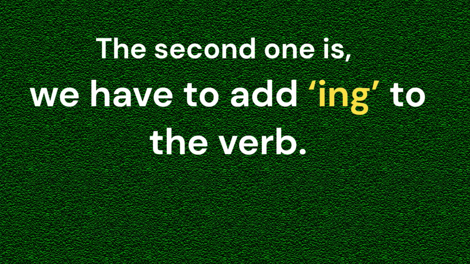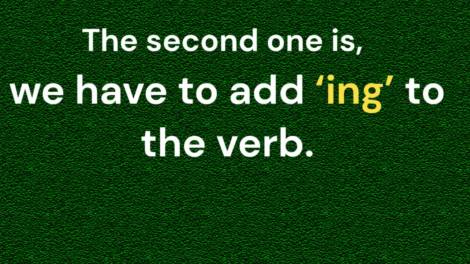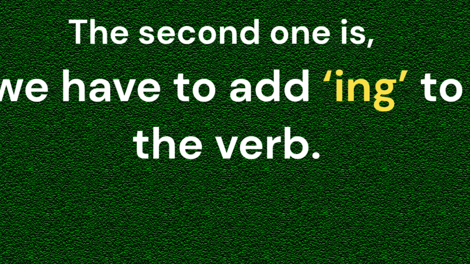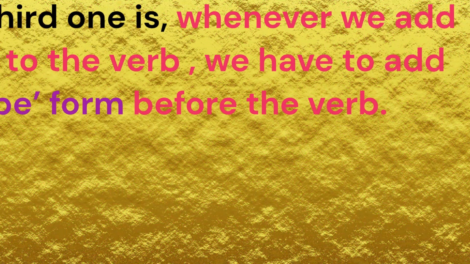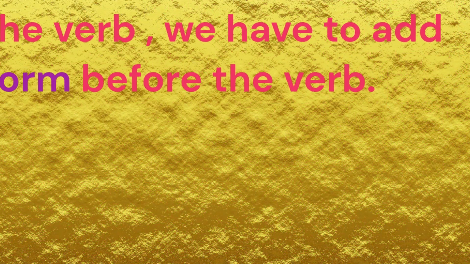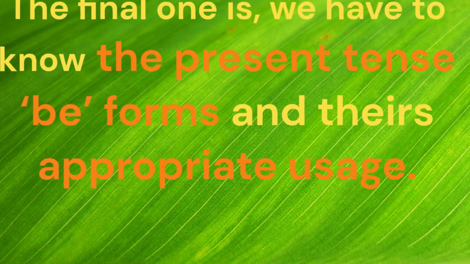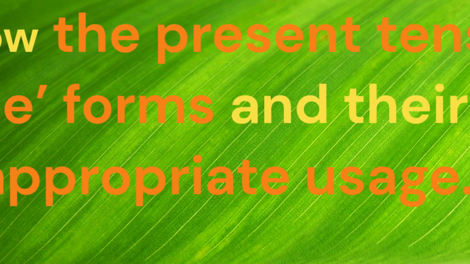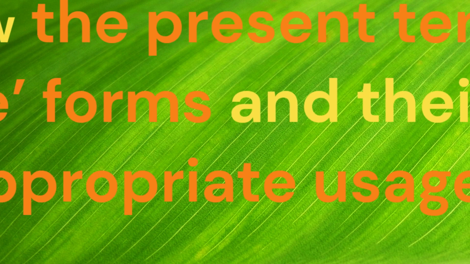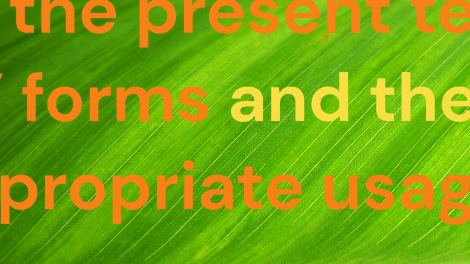The second one is, we have to add ing to the verb. The third one is, whenever we add ing to the verb, we have to add be form before the verb. The final one is, we have to know the present tense be forms and their appropriate usage.